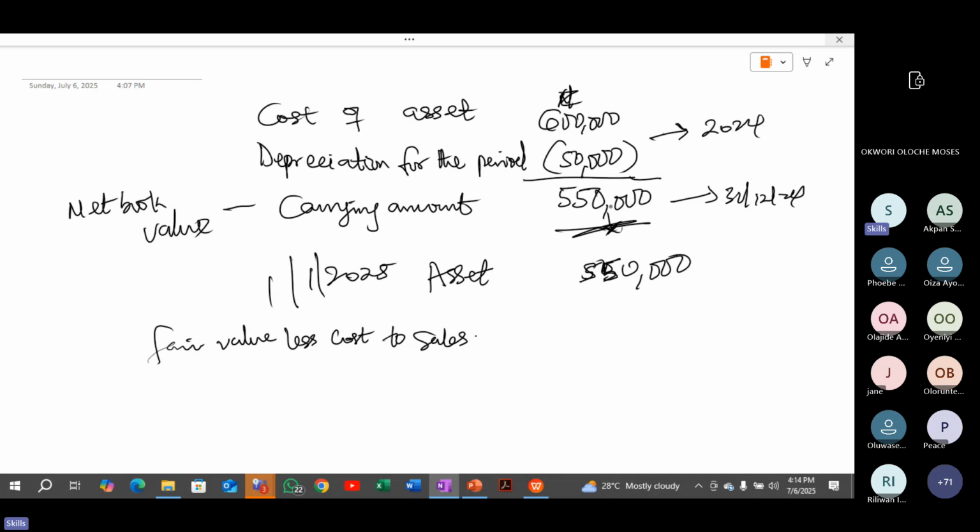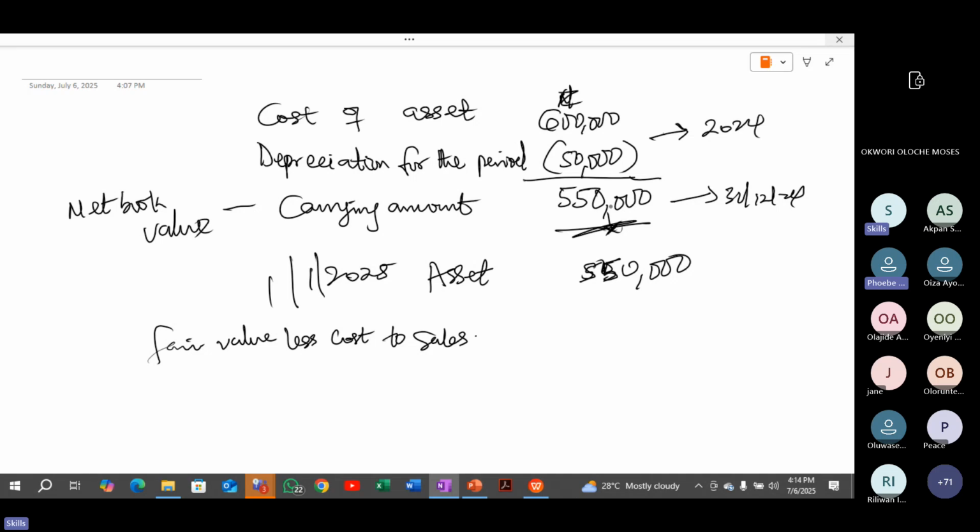How much do you think I should sell it? Don't forget that the new value is 510 and I bought it at 350. How much do you think I should sell it? 450.